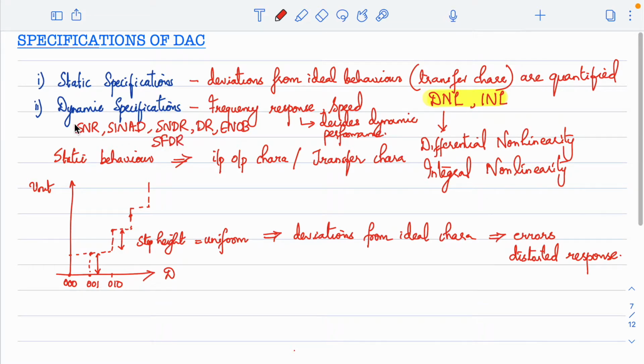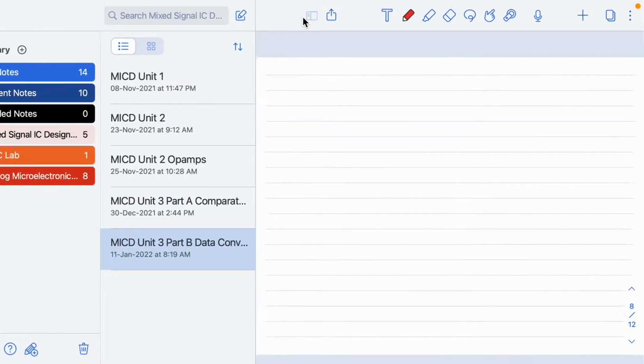There are so many dynamic specifications listed for data converters. We look in detail at some of these specifications. All right. So generally we can say that specifications of a DAC can be classified into two. One is static and the other is dynamic. And now we will go ahead and see what these static specifications are, especially differential nonlinearity.